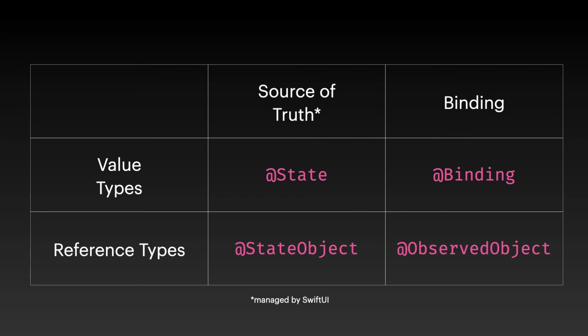You have binding for value types, so that your child view can modify your state, without caring about handling that, because SwiftUI will do it. And at the same time, observed object.